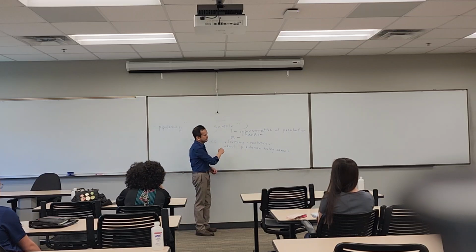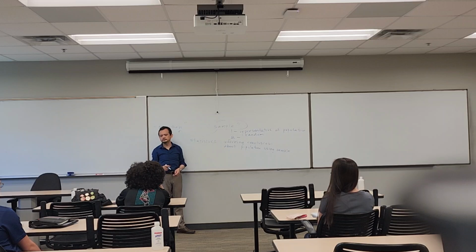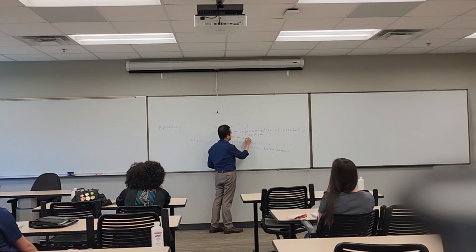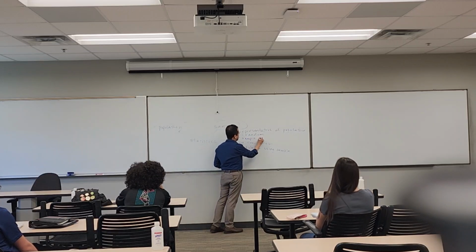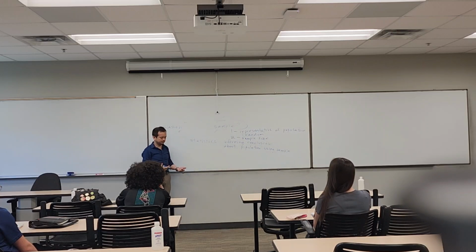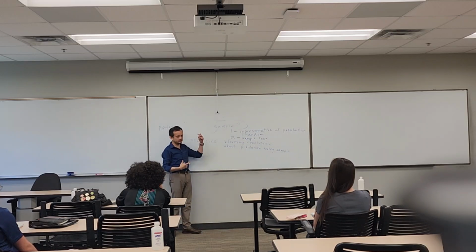So what was the second attribute of a good sample? Yeah. The right size. Yeah, so the sample size is important. So we said that we wanted a sample size that was large enough to be accurate in making a conclusion about the population, but still small enough to collect.